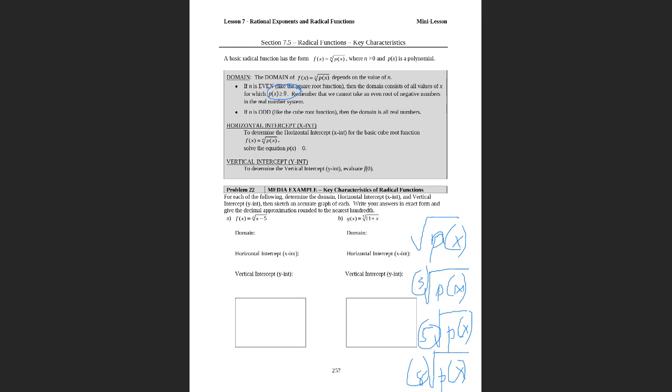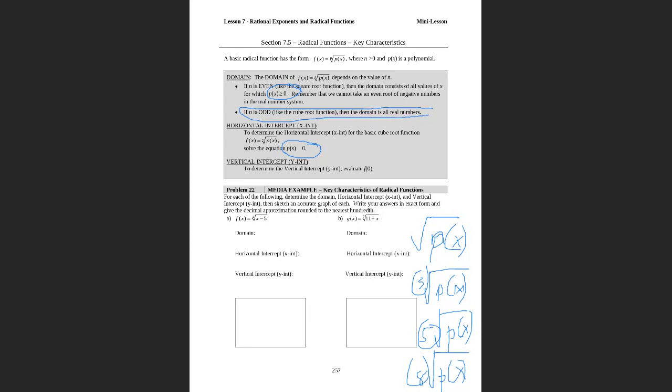You solve that. But when it's odd, it's all real numbers. To determine the horizontal intercept, it is the same for both of them. You solve whatever is under the nth root, p of x equals 0. Now for the vertical intercept, x is 0, you put that into the function.